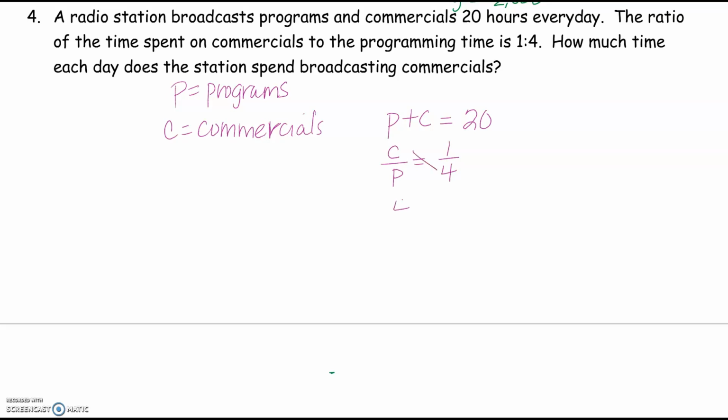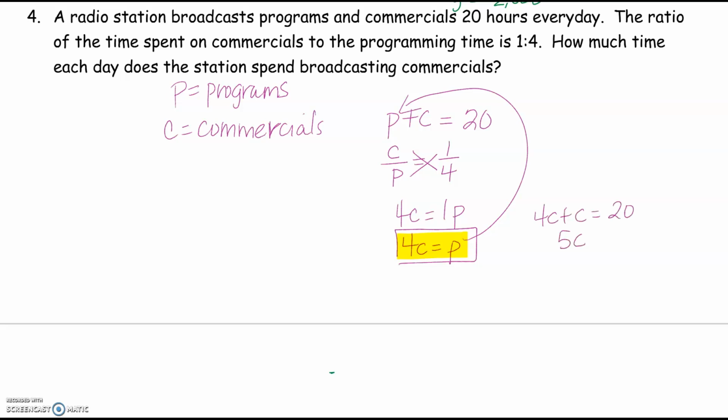If I cross multiply, I get 4 times C equals 1P, which really means 4C equals P. I'm going to substitute that in, 4C for P. So I get 4C plus C equals 20, or 5C equals 20, or C equals 4. So there are 4 hours of commercials.